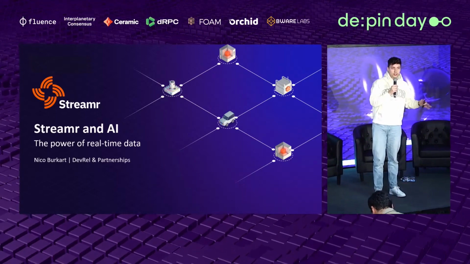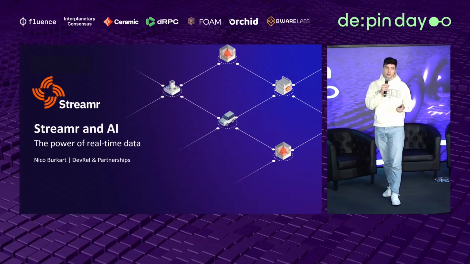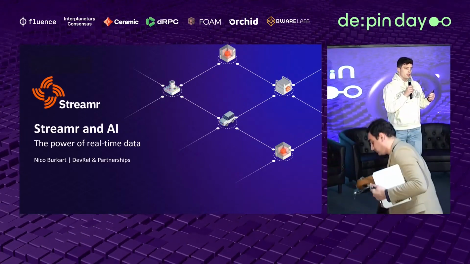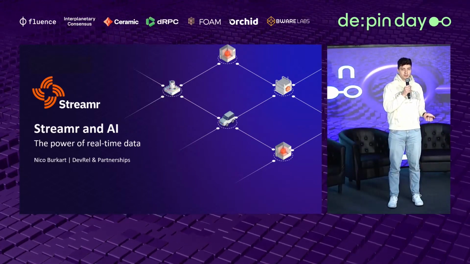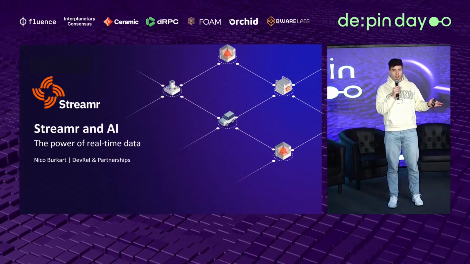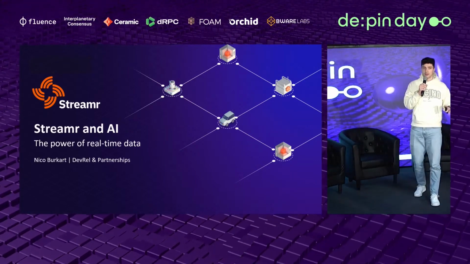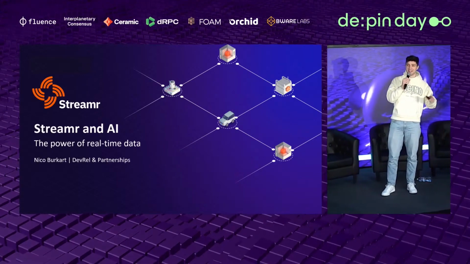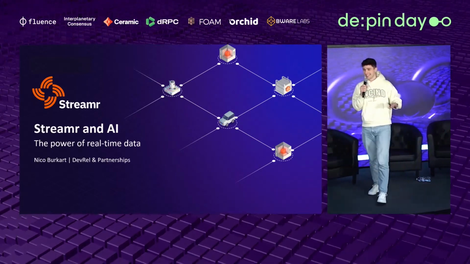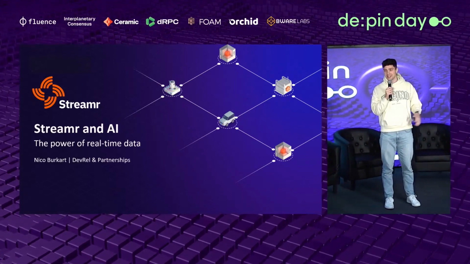And today we're going to talk about Streamr and how you can power AI solutions with real-time data. Who here has heard of Streamr before? Okay, awesome. That is not a lot. That's perfect, so I don't waste time on explaining what Streamr is.